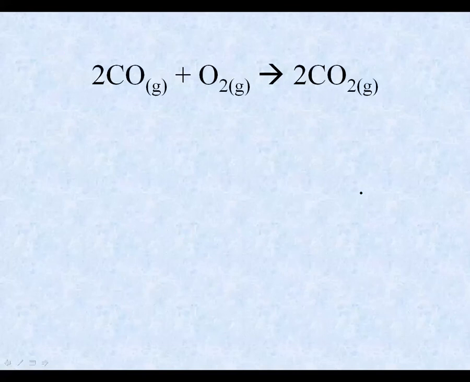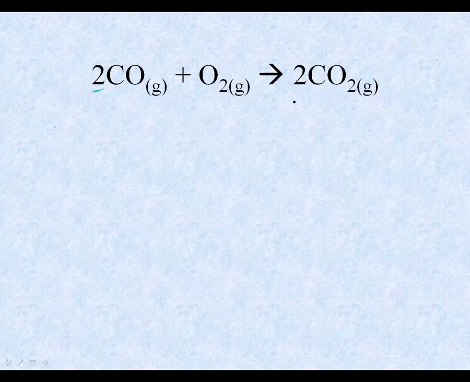So for example, if we looked at another equation, such as what we have here up on the screen, from this equation we could figure out several relationships, again using the coefficients that are in front. So from this one, we could say for every 2 moles of CO, we get 1 mole of O2 that needs to be put in there.